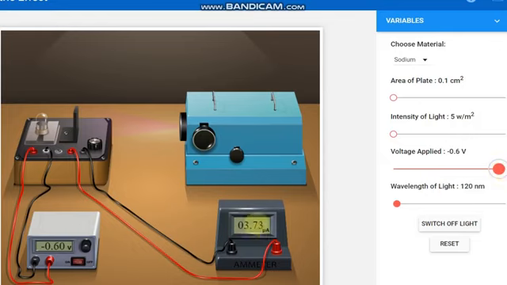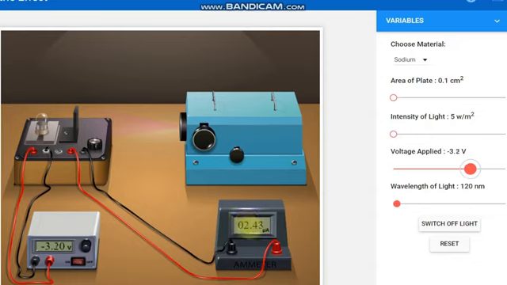You see this. The voltage is increasing in the reverse direction, that is 0.7. Then the photocurrent is decreasing: 0.8, 3.63, 0.9, 3.58. Like that, with increasing of reverse potential, the photocurrent is decreasing. And you increase the potential until the photocurrent is 0.